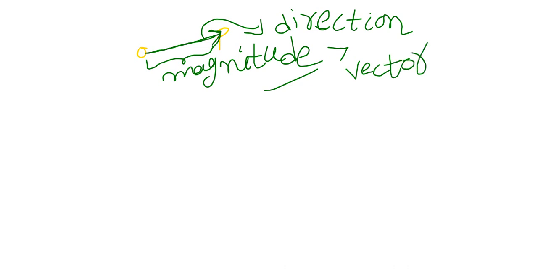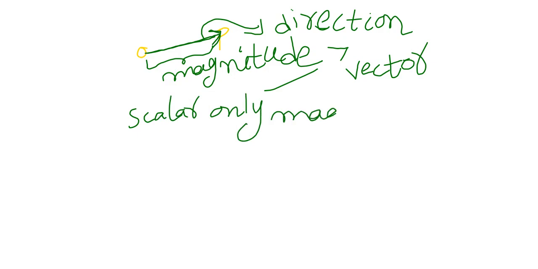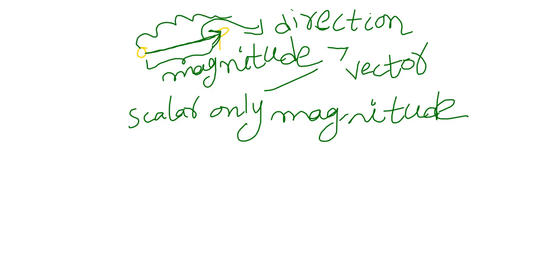A scalar has only magnitude. So the fly moves like this. This length, the actual length traversed by the object, is distance.